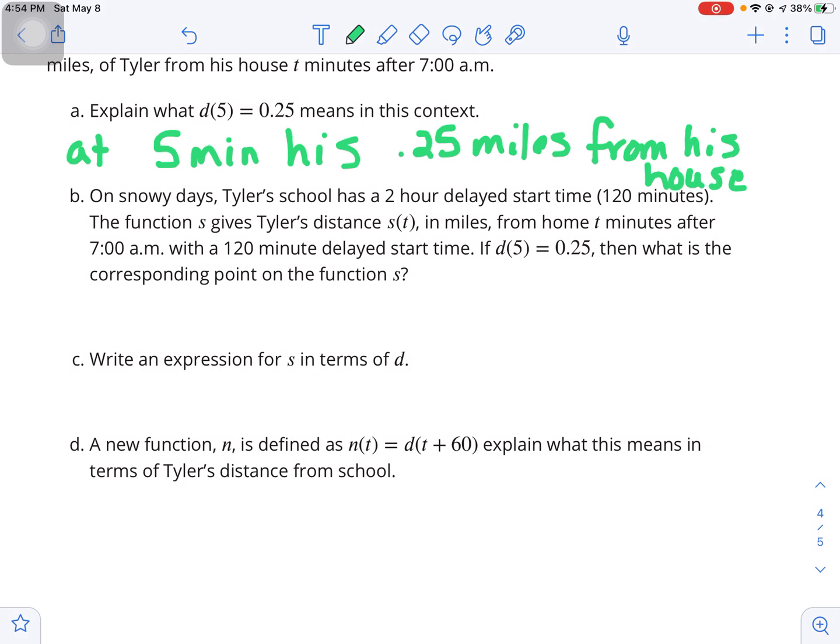So the corresponding point would be s of 125 then, right? 120 minutes later is going to be 0.25, I mean.